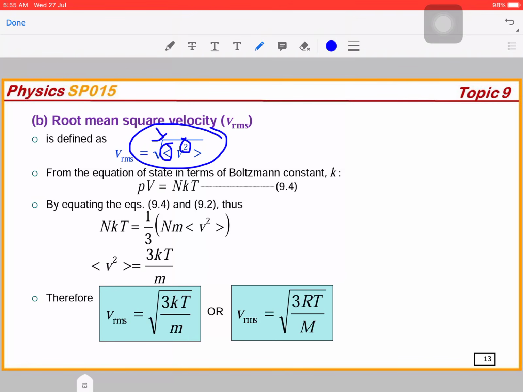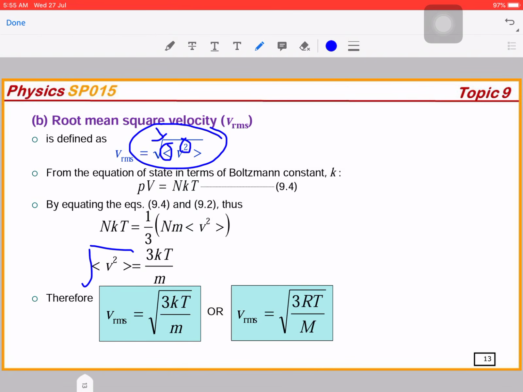So from the equation of state in terms of Boltzmann's constant, we have PV equals NkT. Okay, so by equating equation 9.4 and 9.2, we will have NkT equals 1 over 3 nm mean square velocity. So we have mean square velocity equals 3kT over m. So we square root it, and we will have Vrms, or root mean square velocity, equals square root 3kT over m.